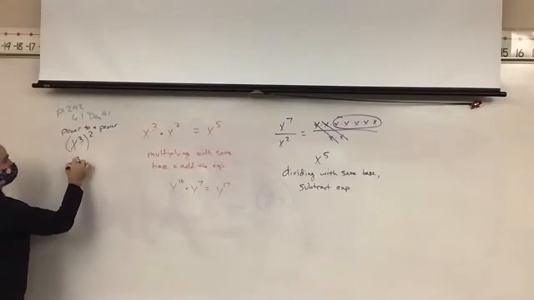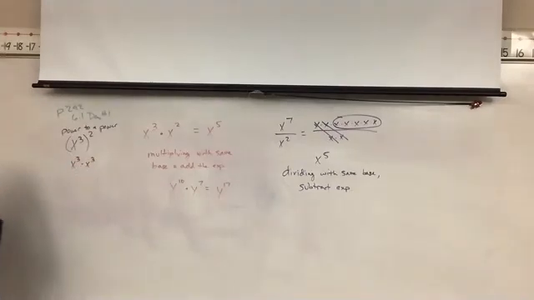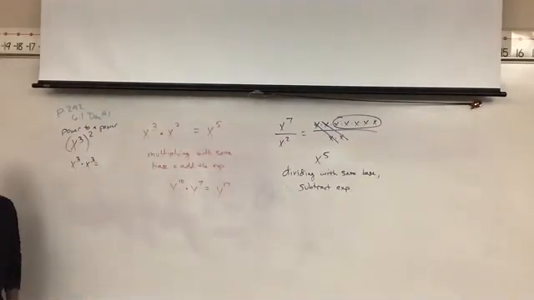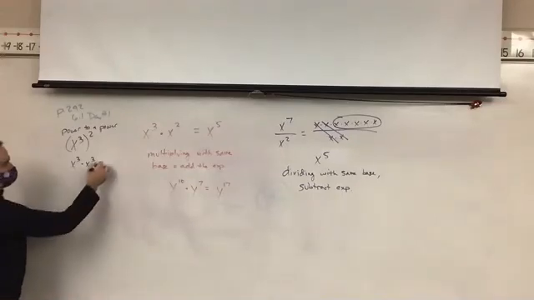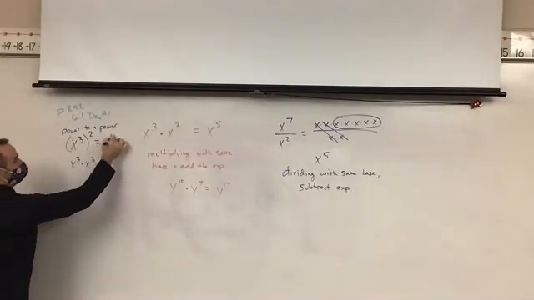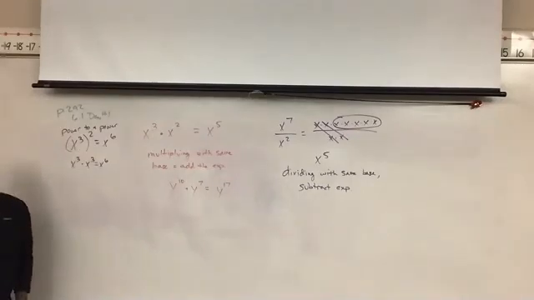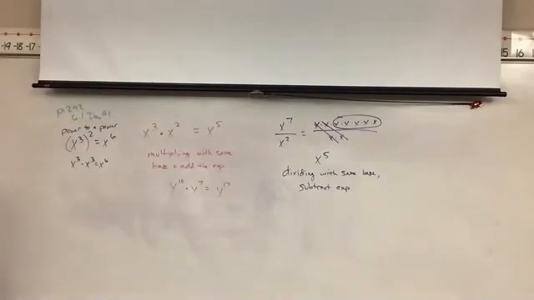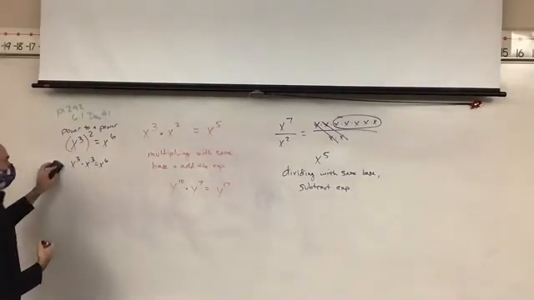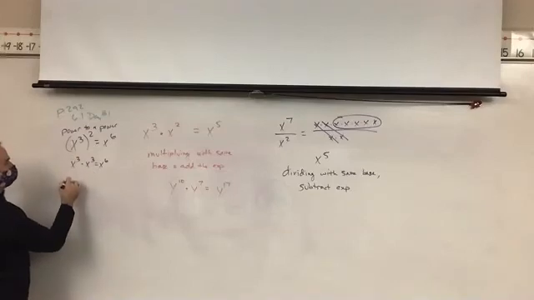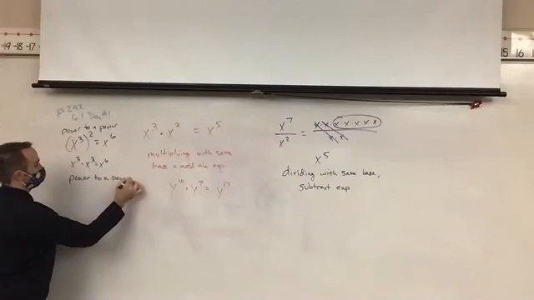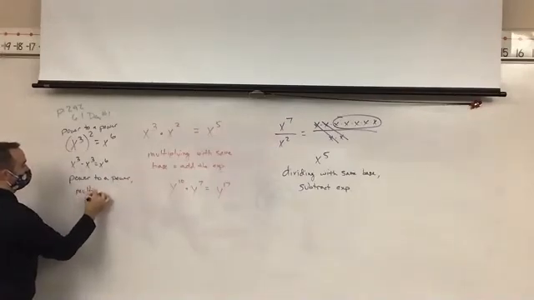So what this means, this is x to the 3rd times x to the 3rd. Now, we already know how to simplify that. What does that equal? X to the 6th. Can I jump straight from here to here? You multiply the exponents now. So if you have power to a power, multiply the exponents.